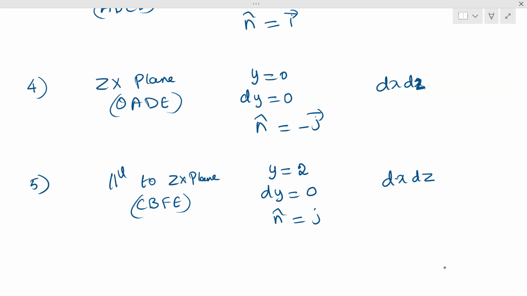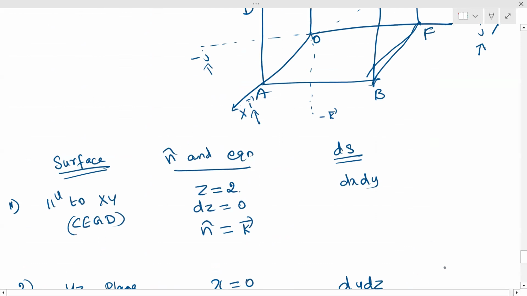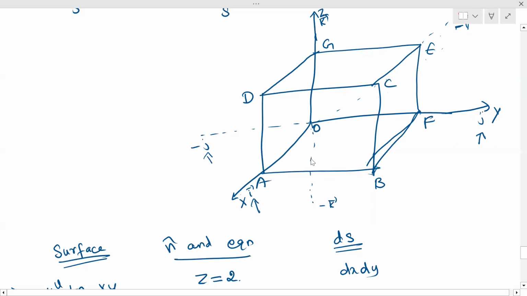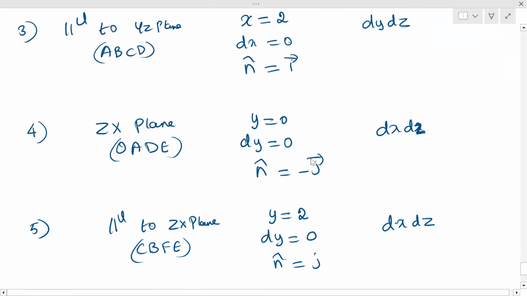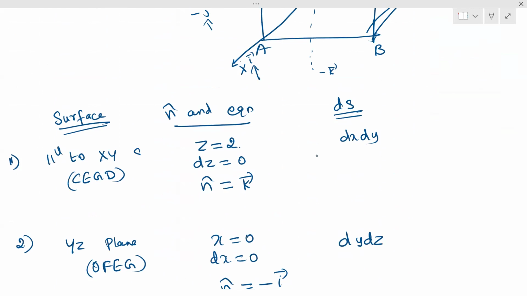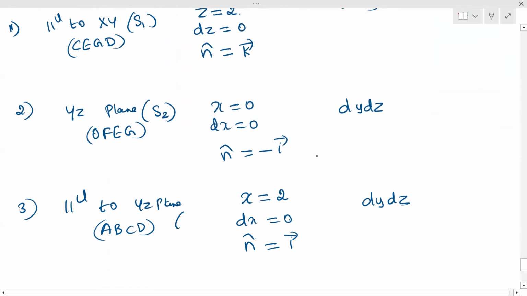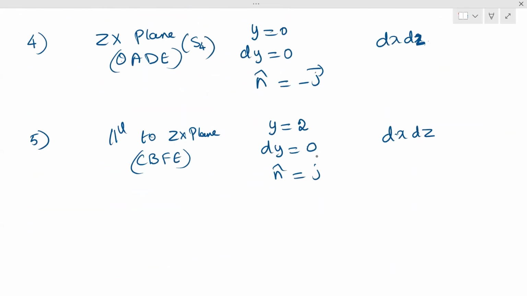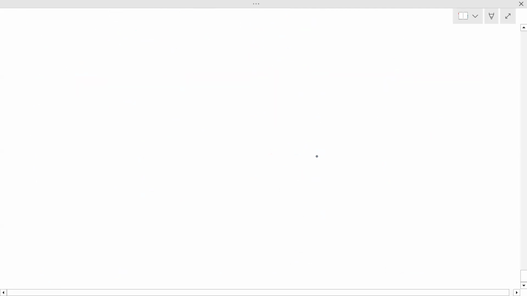So these are the 5 surfaces into which we divided our region. We are omitting the xy plane because it is a cube and we have to evaluate our region above the xy plane. So we can take the first one as S1, the second as S2, the third S3, the fourth S4 and the fifth S5.